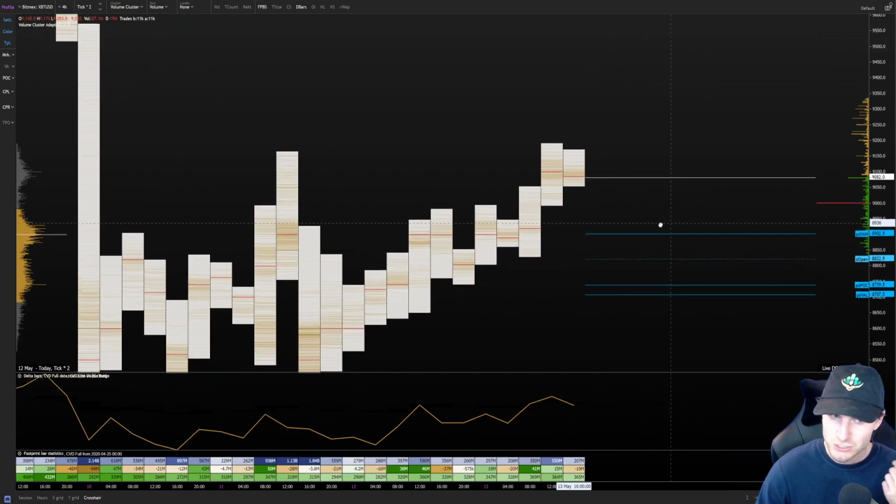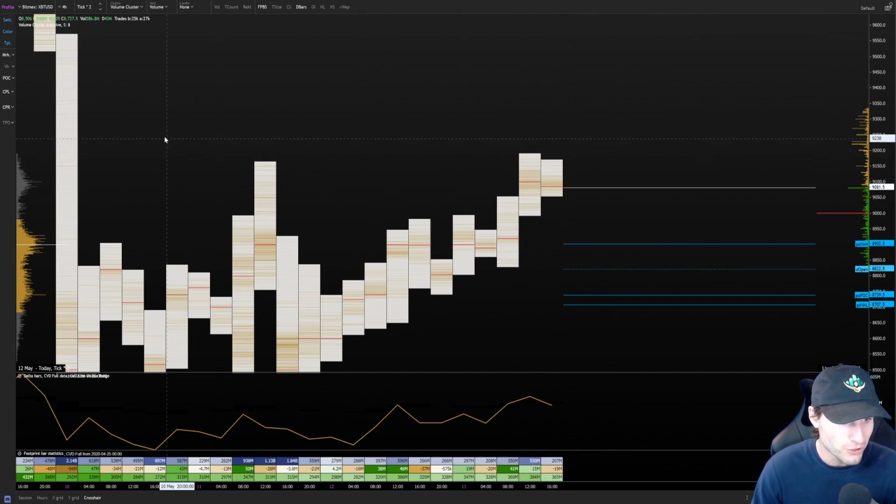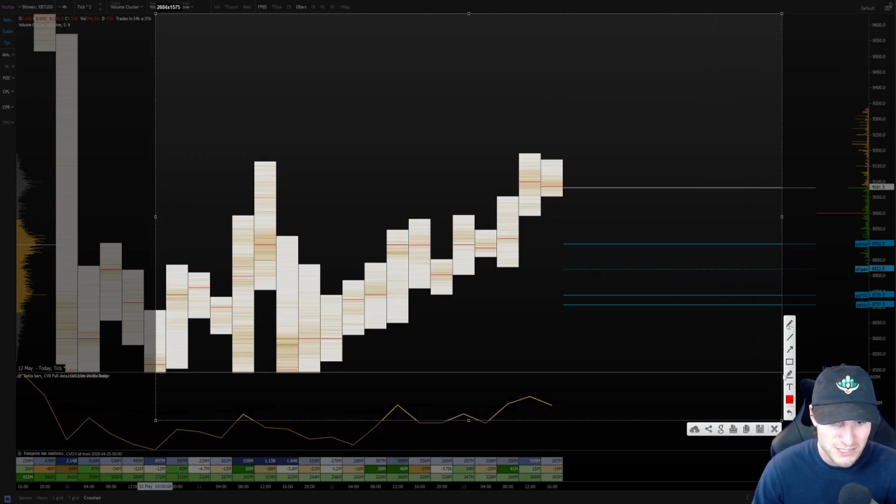That is not a 100% rule. You can move up on low volume. Don't think this is a 100% guarantee, because you can see price heading back up here on very, very low volume down at the lows.